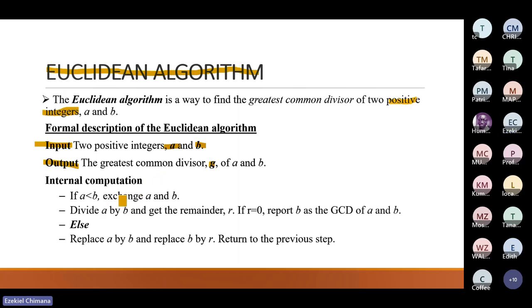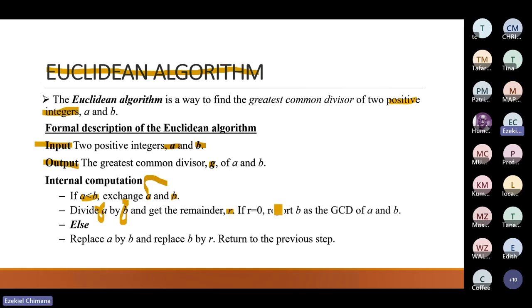So what does the internal computation do to come up with this G after getting these two values? At first, it checks if A is less than B. If A is less than B, it will exchange A and B, because A has to be greater than B. Then you divide A by B, the smaller value into the larger value, and get the remainder.